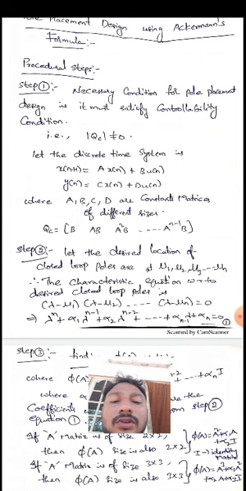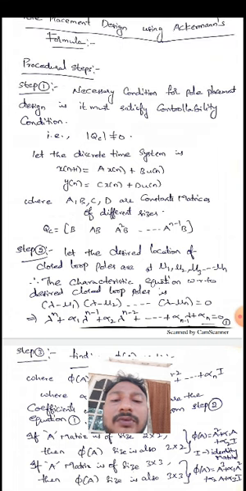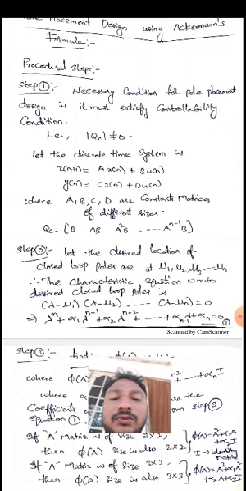If you solve the product of all these n terms, we get lambda power n plus alpha 1 lambda power n minus 1 plus alpha 2 lambda power n minus 2, and so on, plus alpha n minus 1 into lambda plus alpha n equal to 0. For 2 by 2 we get a second order equation, for 3 by 3 a third order equation, so with n variables we get an nth order equation. After getting equation 1, in step 2 itself we need to find some coefficients. Just observe the coefficients.